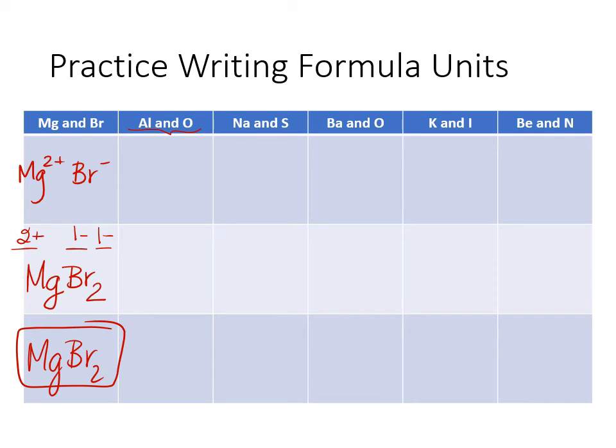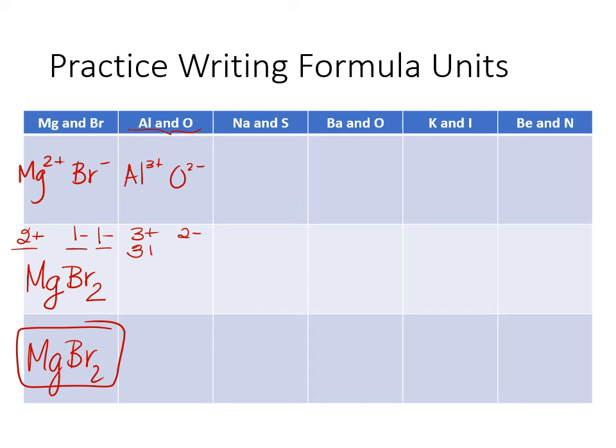Let's look at this one. Aluminum is a 3 plus. Oxygen is a 2 minus. Ooh, 3 plus, 2 minus. I do know that the lowest common multiple of 3 and 2 is 6. So let me get to that 6 and see what happens.